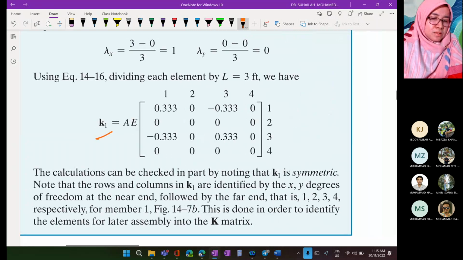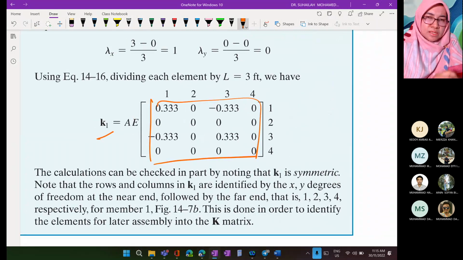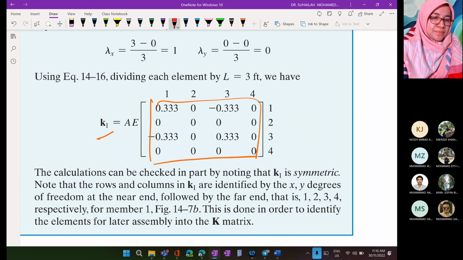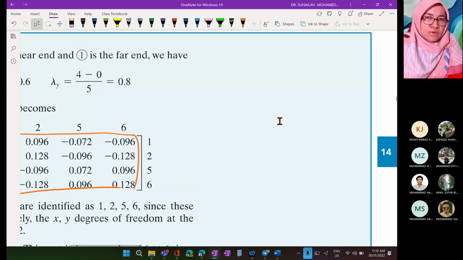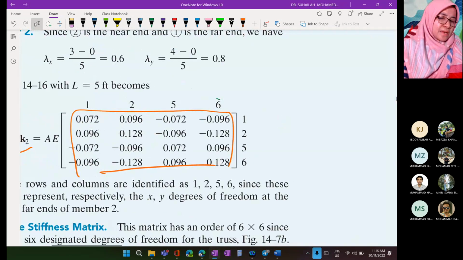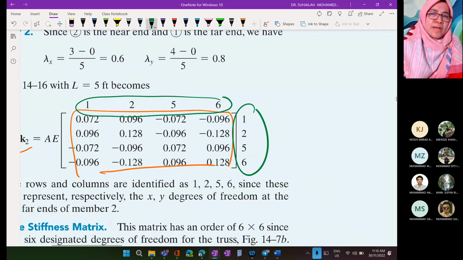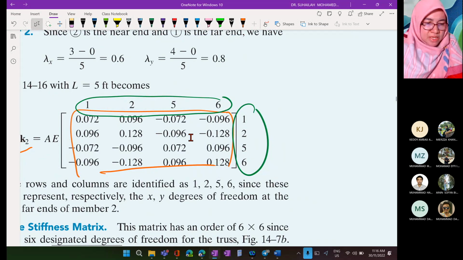And what is most important is the degree of freedom label. This label is very, very important, because if you don't write this label correctly, you will get the wrong structure stiffness matrix.